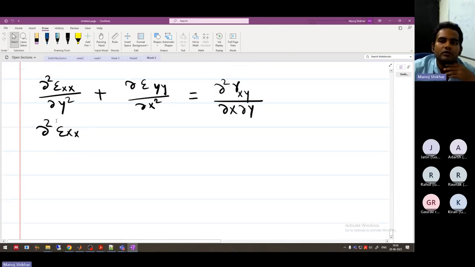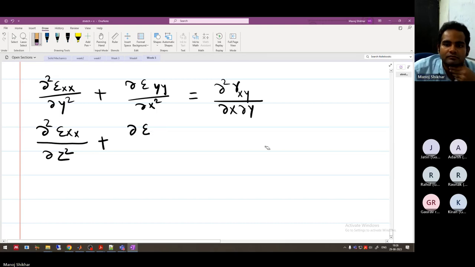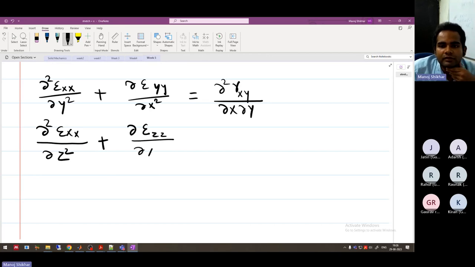Suppose I want to write gamma xz on the right. I will take epsilon xx and differentiate twice with respect to z, and here it will be epsilon zz differentiated twice with respect to x, and on the right-hand side I will write gamma xz.